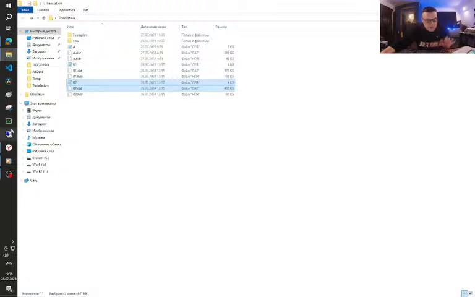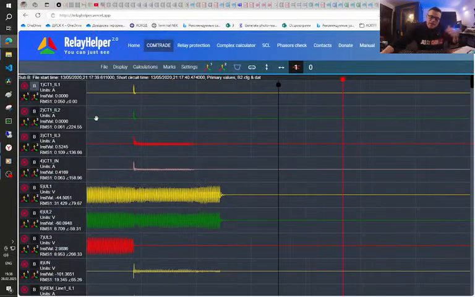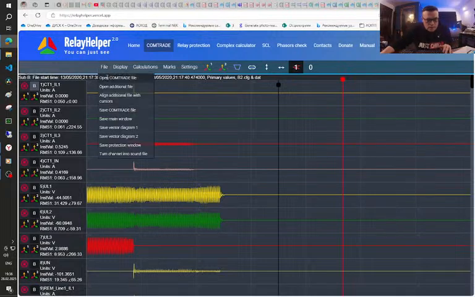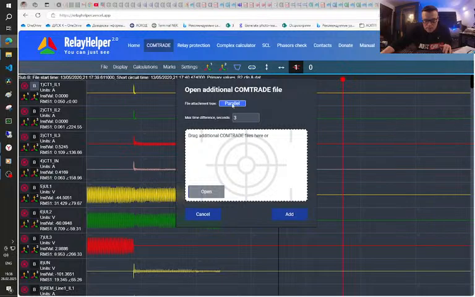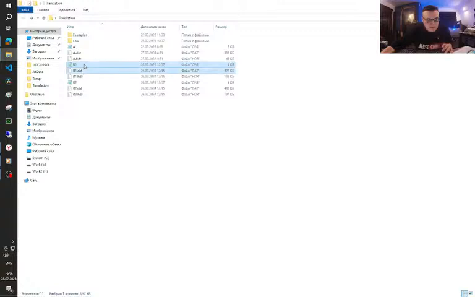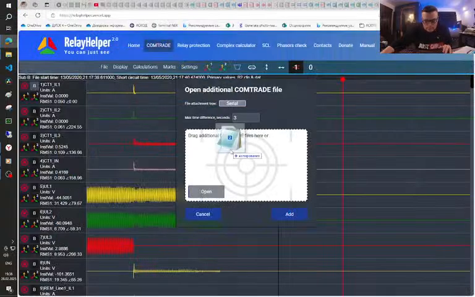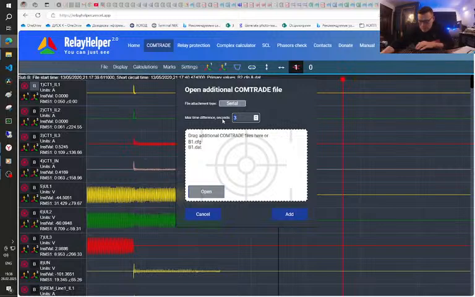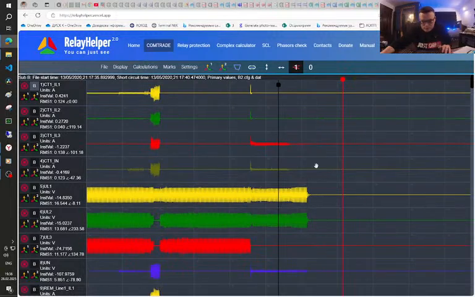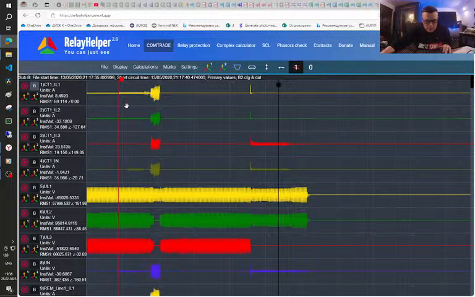First I want to unite them and then add the substation A, so we can see what happened during the event, looking at both sides. I want the serial connection, and a little bit more time. Okay, we can see now the whole event.